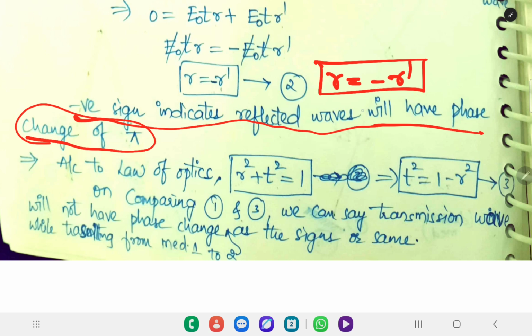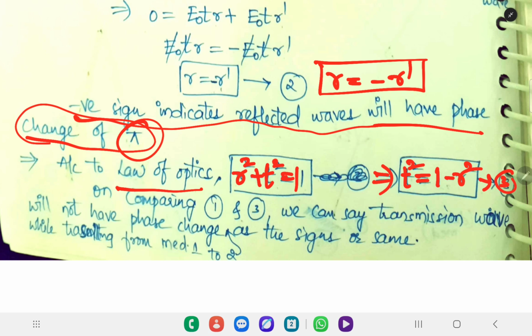The wave which is reflecting undergoes a phase change of pi. According to the law of optics, we have R square plus T square is equal to 1, and from that we can write T square is equal to 1 minus R square. Let this be equation number 3.